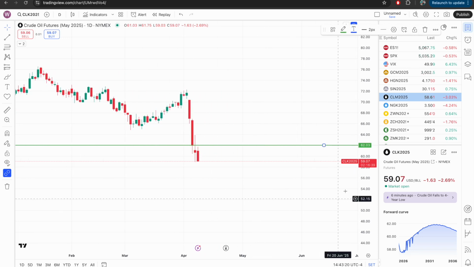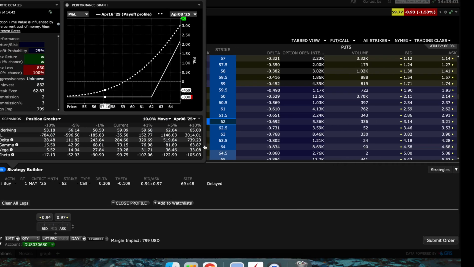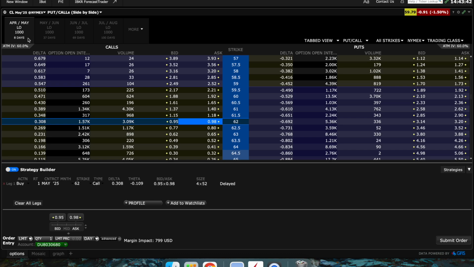So basically the price right now is 59.07, and we are buying the call option for 62. So what it means is that we need the price to go up and at least be at our level over here to be able to have a chance to profit on the position, and the price has to go up above the 62 level by the end of the expiration, which is 8 days.